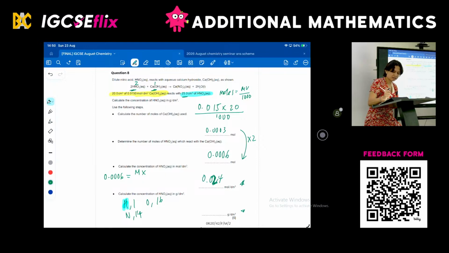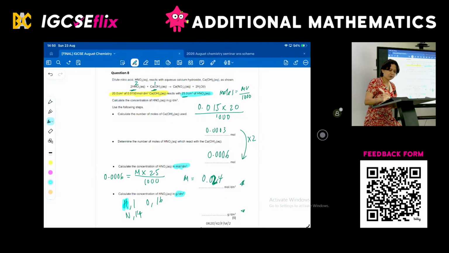V is 25 over 1000. So my M equals to 0.024. You're just switching the same formula around. This is in the unit of mole per decimeter cube.